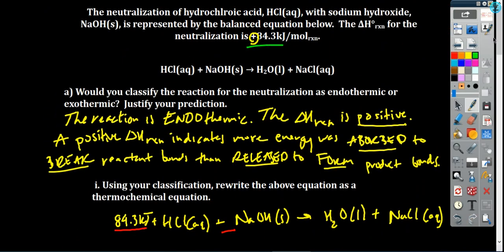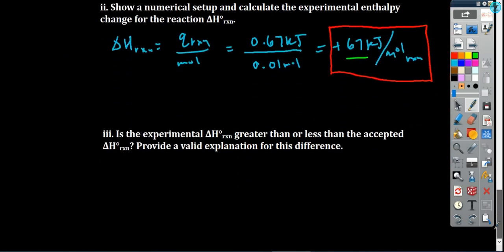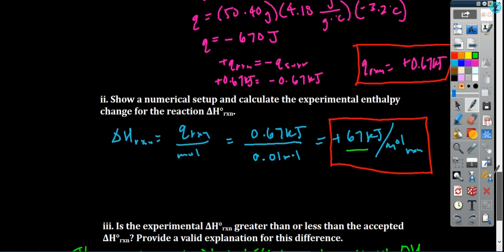Classic FRQ requiring you to go back and use earlier information. Boom. So experimental delta H is less than the accepted delta H, positive 67 is less than positive 84.3 kilojoules per mole of reaction.